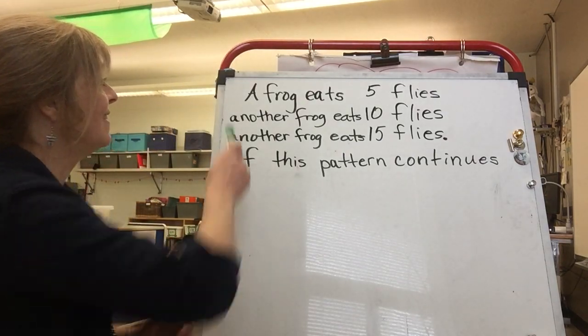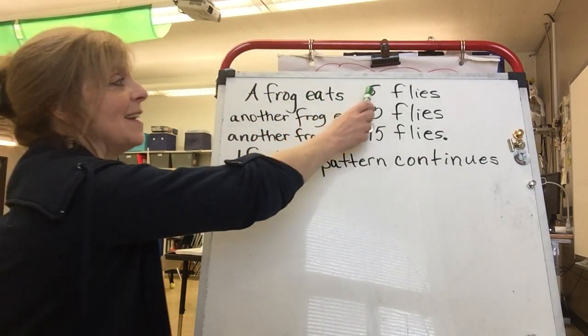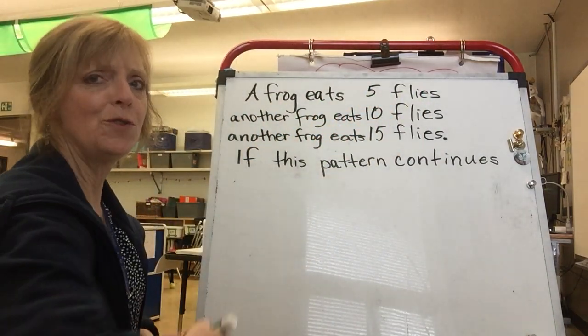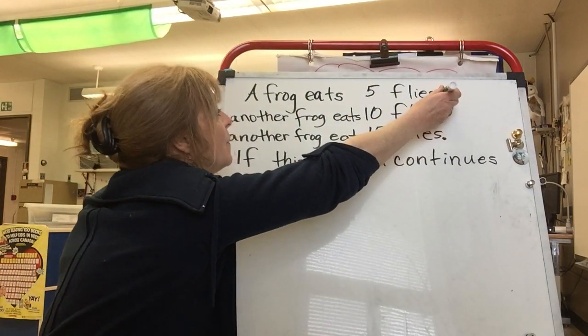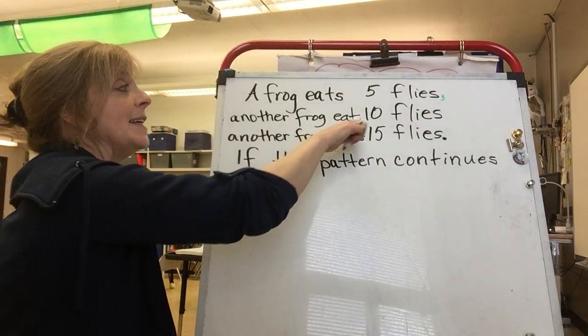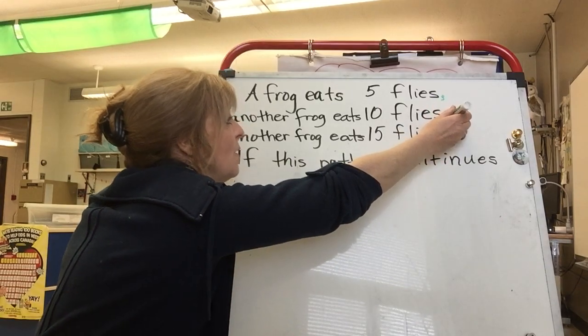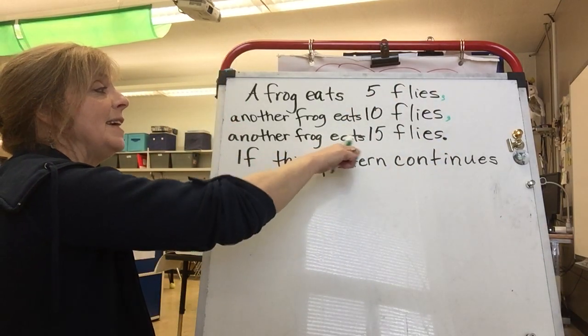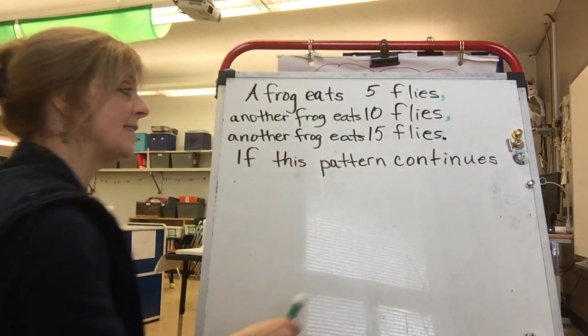A frog eats 5 flies. Should really have a period at the end there, or a comma. Another frog eats 10 flies, comma. Another frog eats 15 flies.